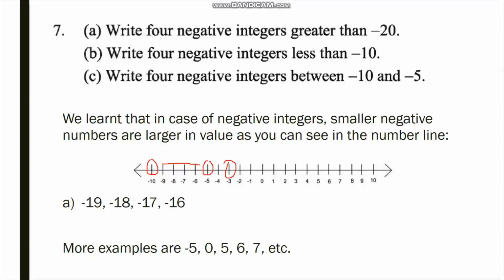Hence, the negative integers which are greater than minus 20 are minus 19, minus 18, minus 17, minus 16. More examples are minus 5, 0, 5, 6, 7, etc. Because you can see that if minus 20 was somewhere here on the number line, then these numbers are here, here, 5, 6, 7. These are all on the right side of minus 20. Hence, they are all larger than minus 20.